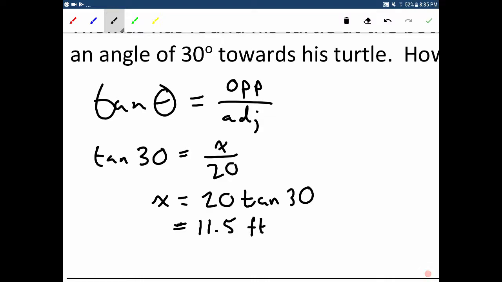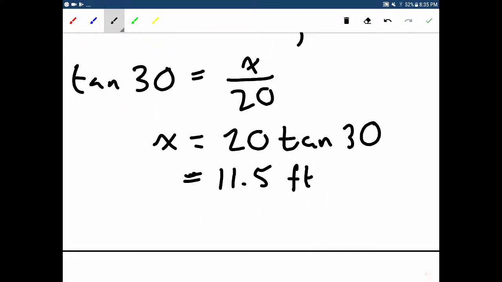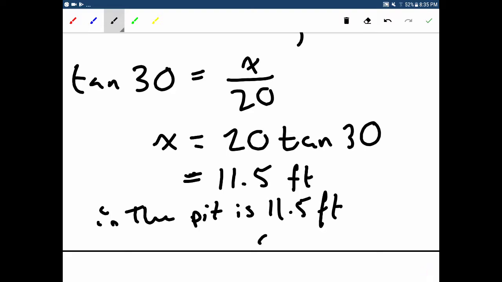Again, if you're getting a different number, just make sure you tell me in class, because I'm very good with calculators, but they're all very different. So make sure you configure your calculator. So therefore, the pit is 11.5 feet deep.